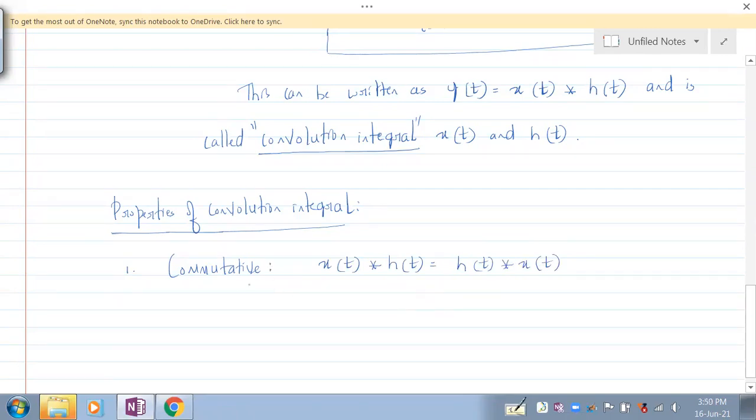Fine. Very similar proof. Then we have the associative property, the second one.